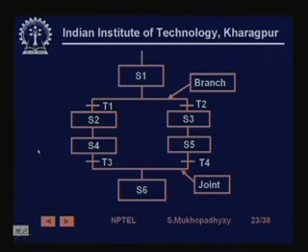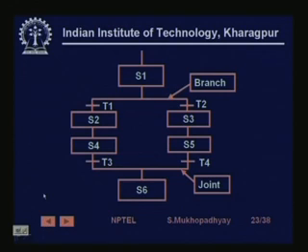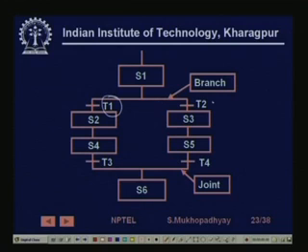For example, you can describe several kinds of programming constructs. For example, this is a case where, while the system is at S1, T1 and T2 are active, so any one of them can become true. If T1 is true, the next active state will be S2. If T2 is true, the next active state will be S3.